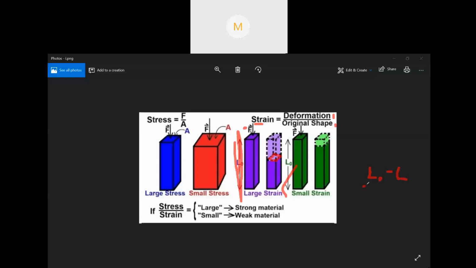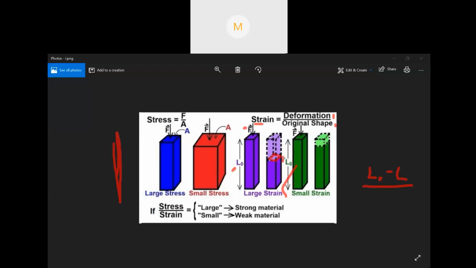As per the definition of strain, what will happen? It will be L naught minus L, because we have to find the change in length. From the definition, we have to find the change in length, so L naught minus L. The initial length was L naught, and after that it gets reduced.